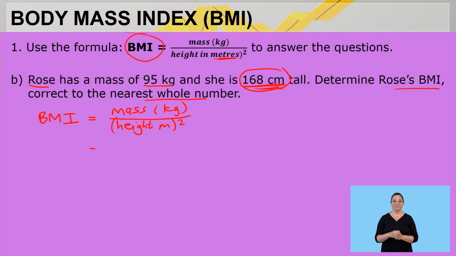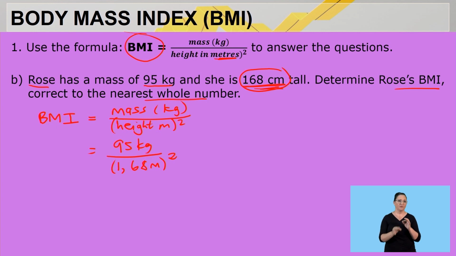So I'm quickly going to indicate that the weight is 95 kilograms. So 168 divided by 100 gives us 1.68, and that's now in meters. Guys, are we clear on that? I had to do that conversion, and don't forget to square this value.